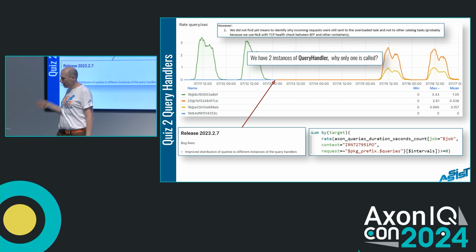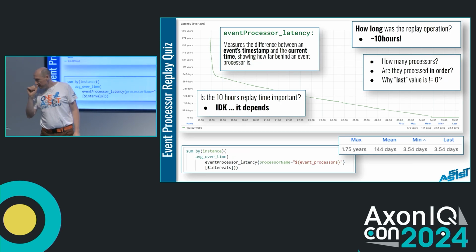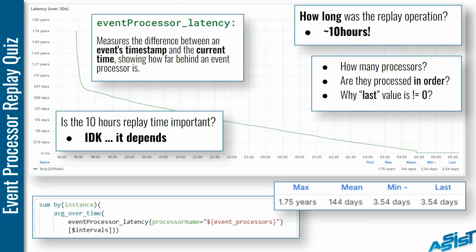So this is the query, and this is how it looks visually. A quick replay of several million events. The oldest event was 1.7 years old. The last event was 3 days old, and you see how the replay goes.